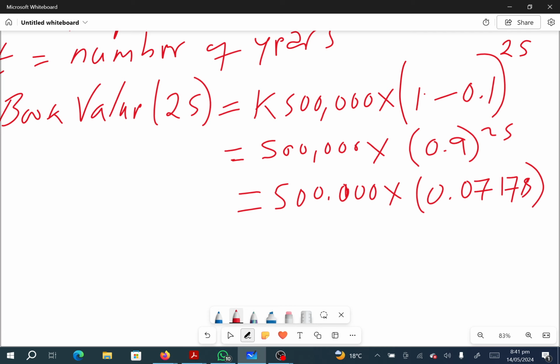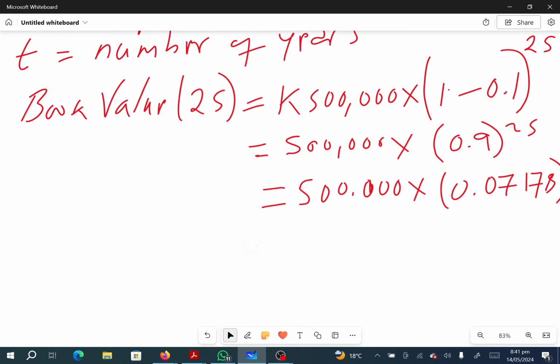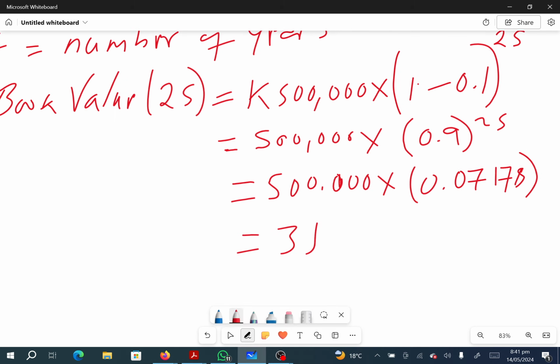Okay, so our answer is, what are we finding? What are we getting? Our book value comes to 35,894. Rounded off it will be 35,895.